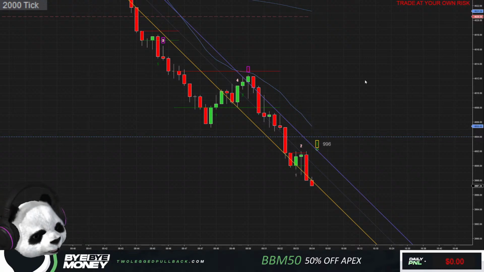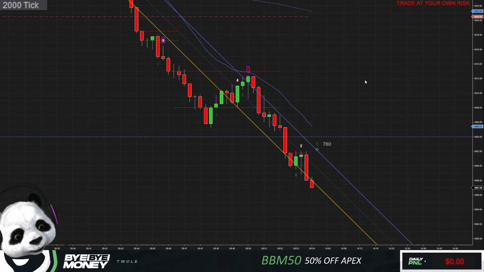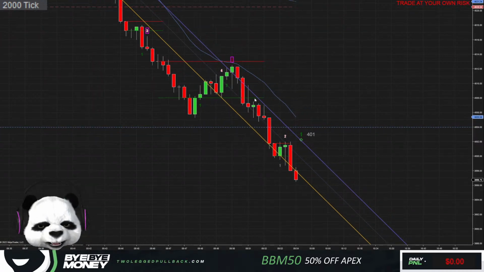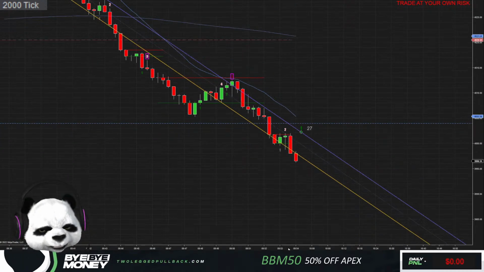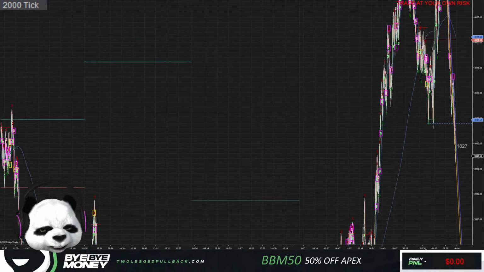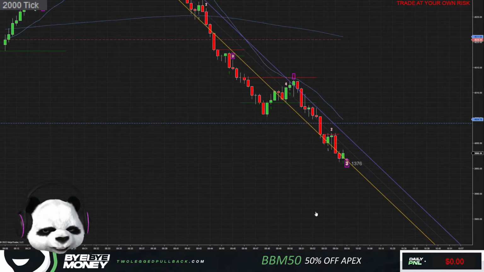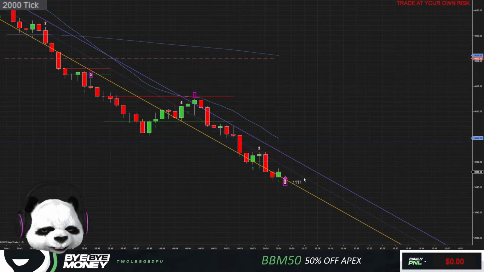Big move down, huge move down. Two legs down now. Break of trend to two legs down. Not necessarily looking for a reversal here because of how strong this downtrend is. I don't know why my chart's so laggy right now.